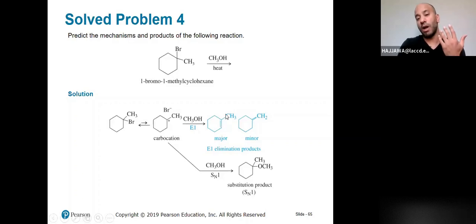The Zaitsev product will be the major product, and the minor product is the Hofmann. You also have the minor outcome going through this approach, that will be the SN1 product. So if I have this question in an exam or a quiz, my final product, the major product, will always be the more substituted cyclohexene structure.